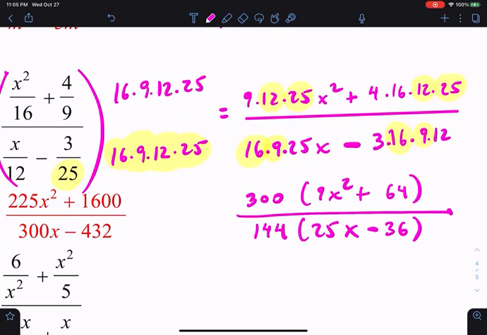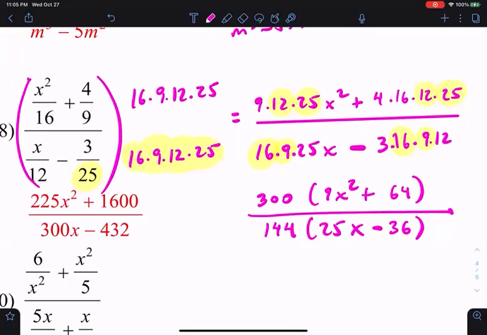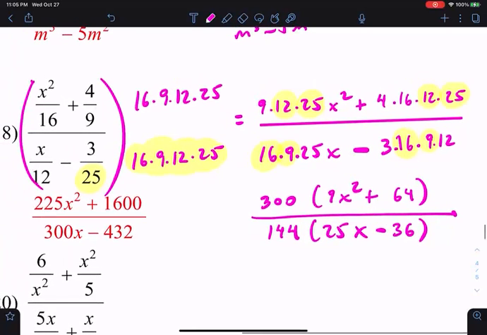Let's see what happened here. By the way, this is the tough one from this worksheet. I remember one person asked this question in class.